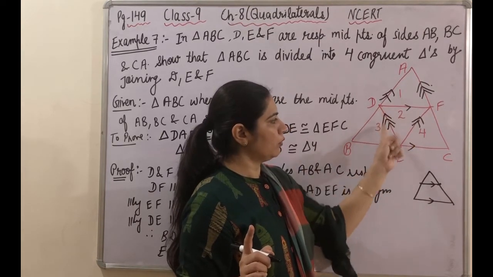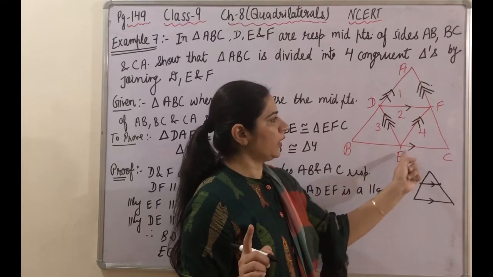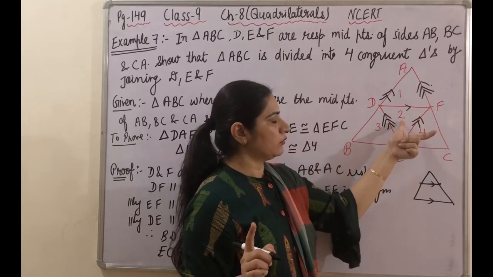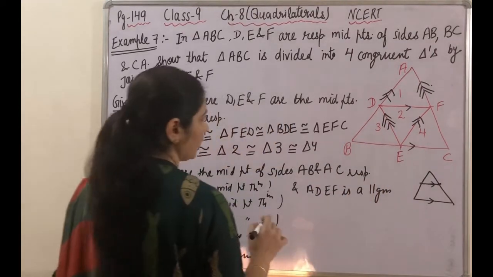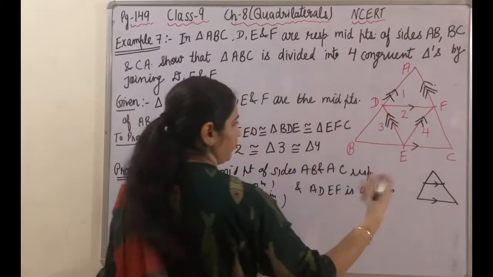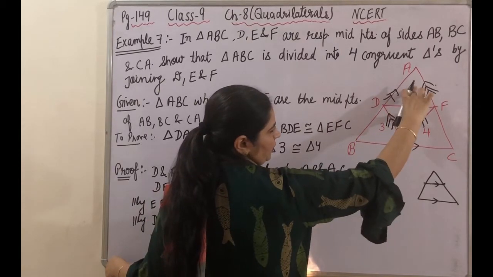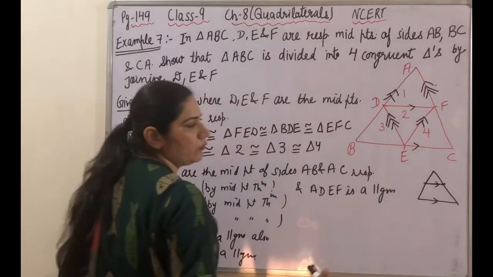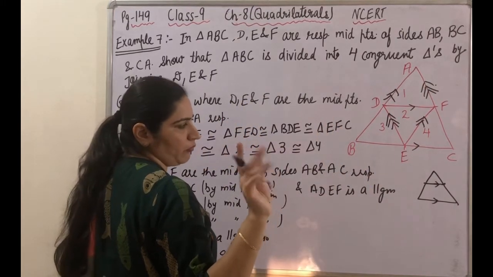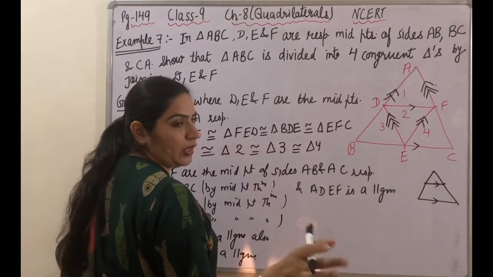For this parallelogram, EF will be the diagonal, and triangles 2 and 4 will be congruent. Here we have three parallelograms. I'll prove the result for one parallelogram, and the rest I'll use similarly.